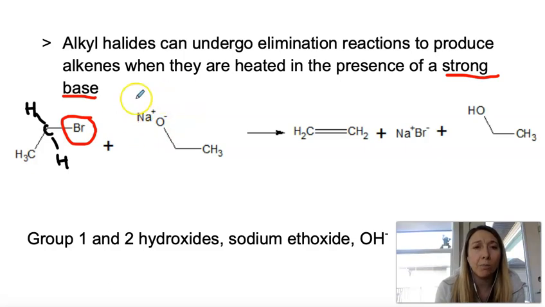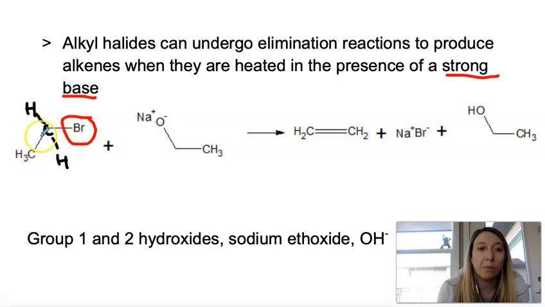we are going to find that the cation part of our strong base is always going to pair up with that halogen. You can see here how the sodium went with the bromine over here to make that sodium bromide. The next thing that's going to happen is as this comes off, this carbon now goes down to having 1, 2, 3 bonds. But we need to turn this into a double bond.